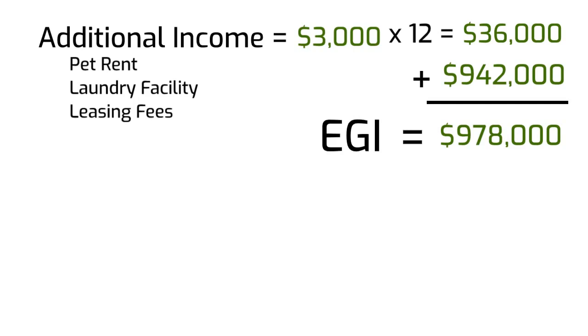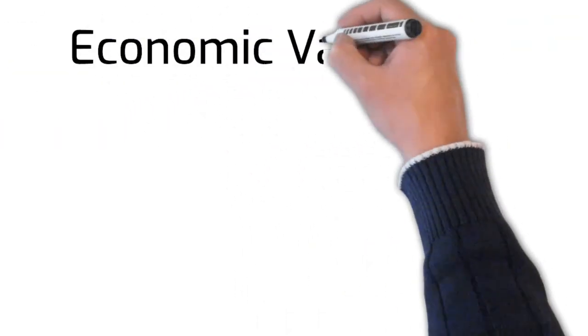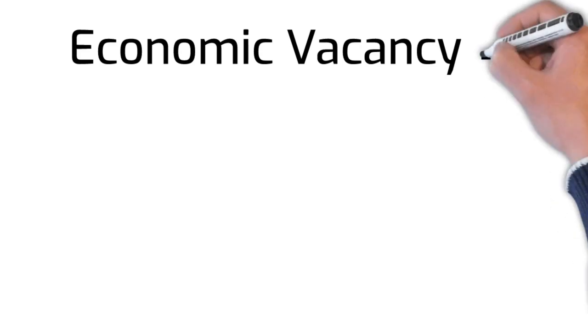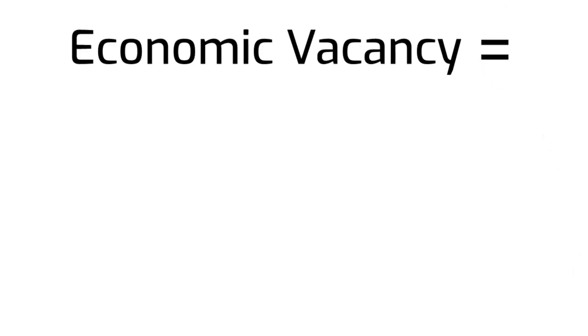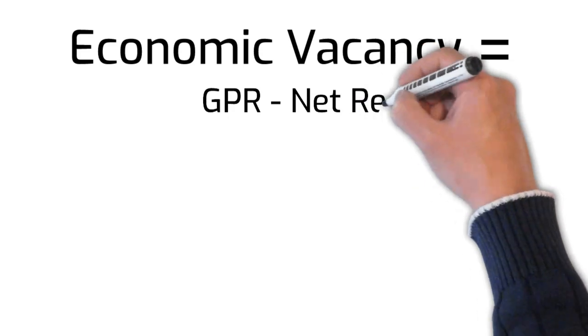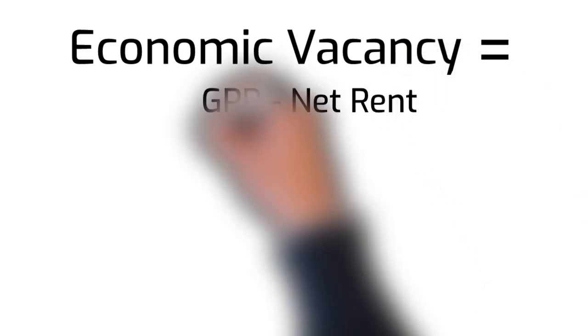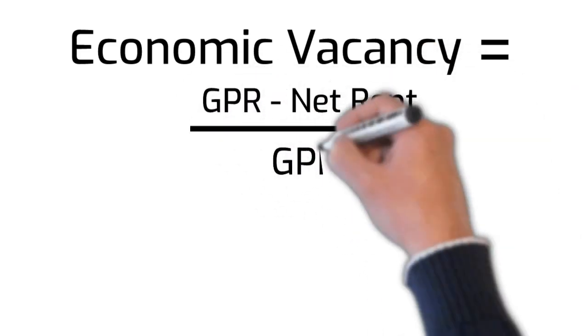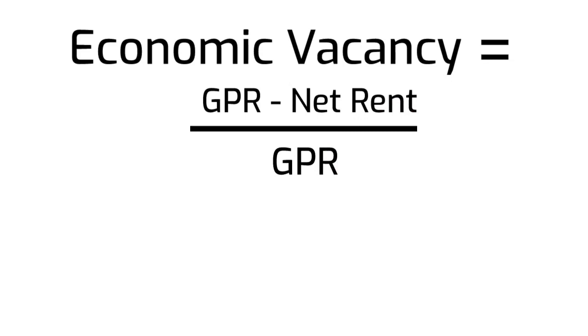Quick side note, another term for all the ways income is lost is known as economic vacancy and is expressed as a percentage of our gross potential rent. To determine the economic vacancy, we take the difference in gross potential rent and net rent and divide it by the gross potential rent.